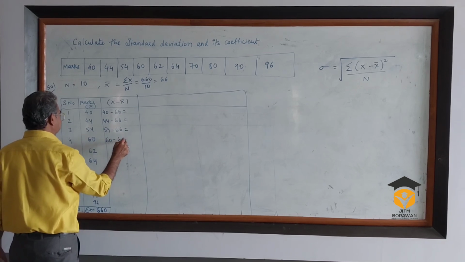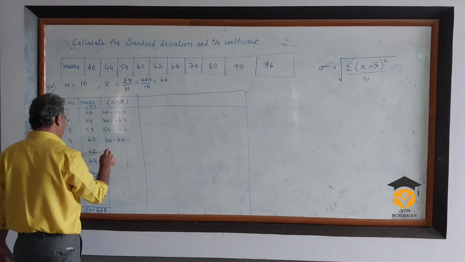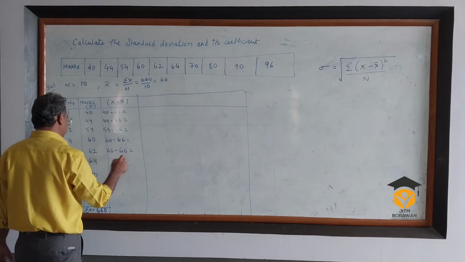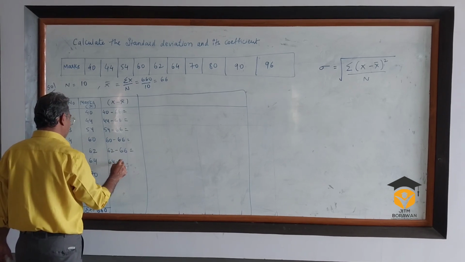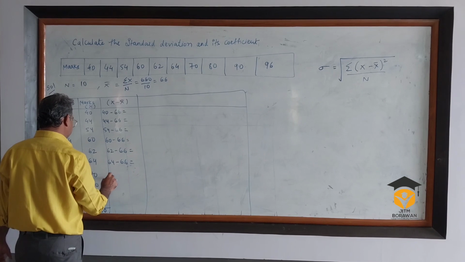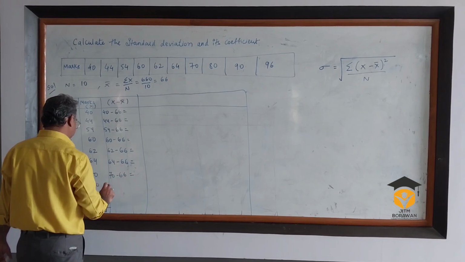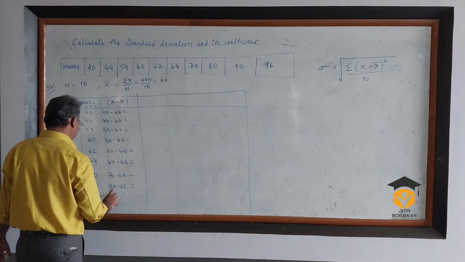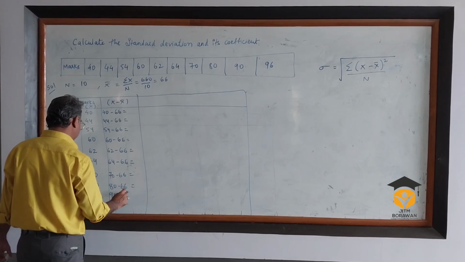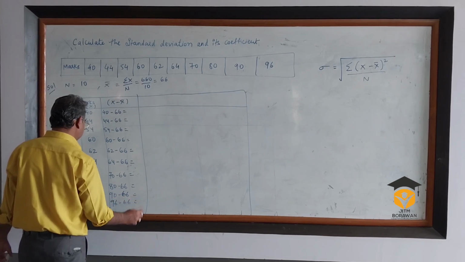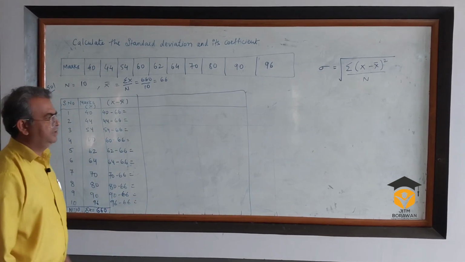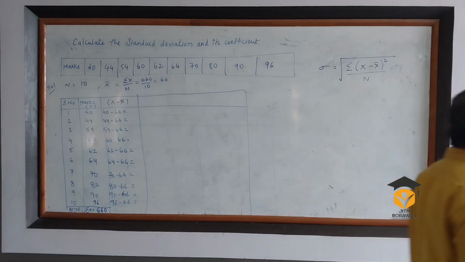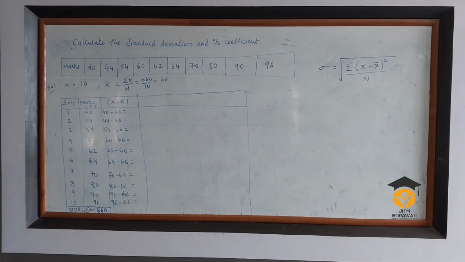Then 60 minus 66. 62 minus 66, then we have 64 minus 66, 70 minus 66, 80 minus 66, 90 minus 66, and 96 minus 66. I am writing all the values; till that time you can also calculate and write it.